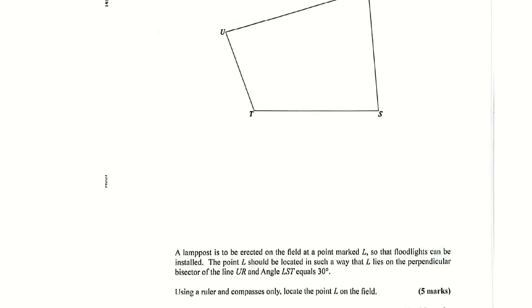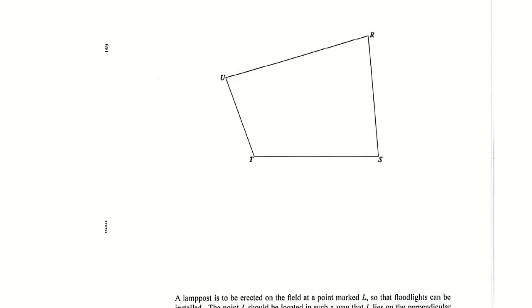Now, first off, how do you find what is a perpendicular bisector? A perpendicular bisector is a line that intersects another line to divide that line into half, right? And also it intersects at 90 degrees.